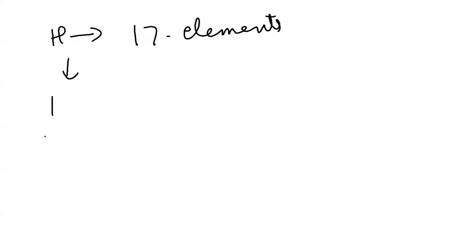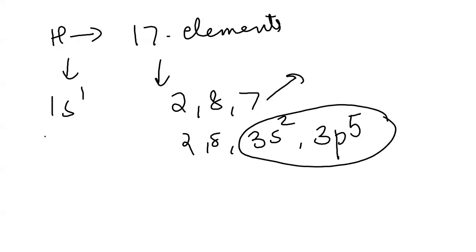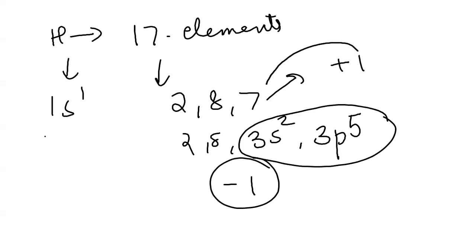See, hydrogen is 1s1, and chlorine, if I say 2, 8, 7, is 3s2 3p5. Now here again it has a deficiency of 1, so we say it has a valency of -1. When we add this one electron, it will complete its octet.